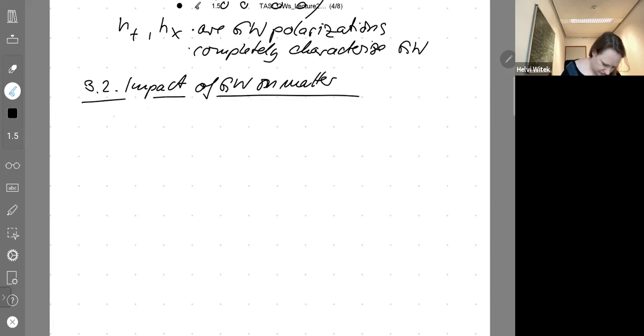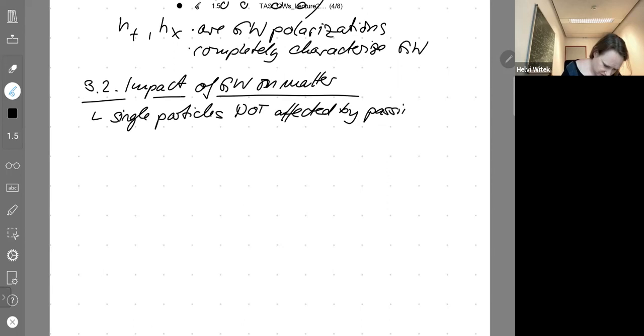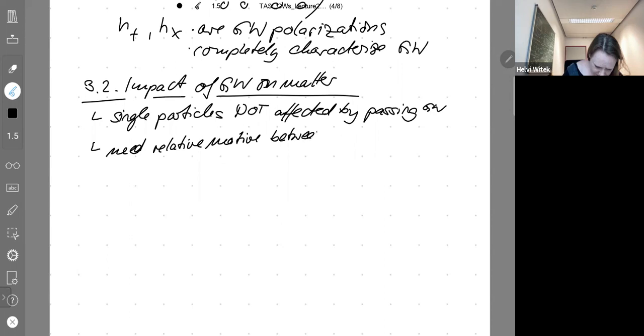As I just mentioned, single particles are not affected by a passing gravitational wave. That is, we need the relative motion between nearby particles.